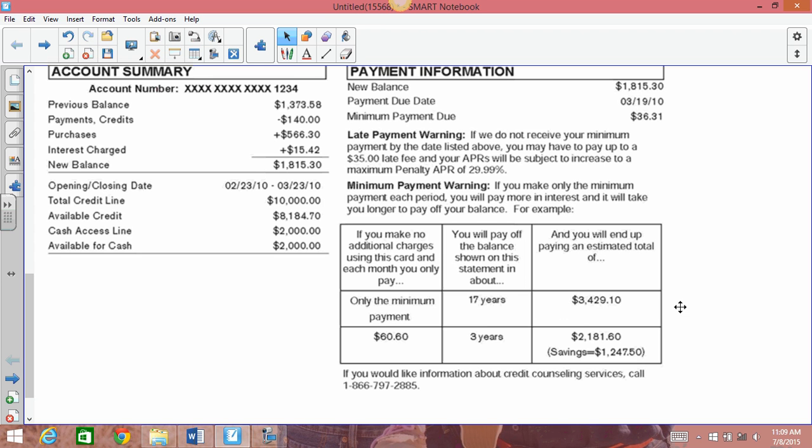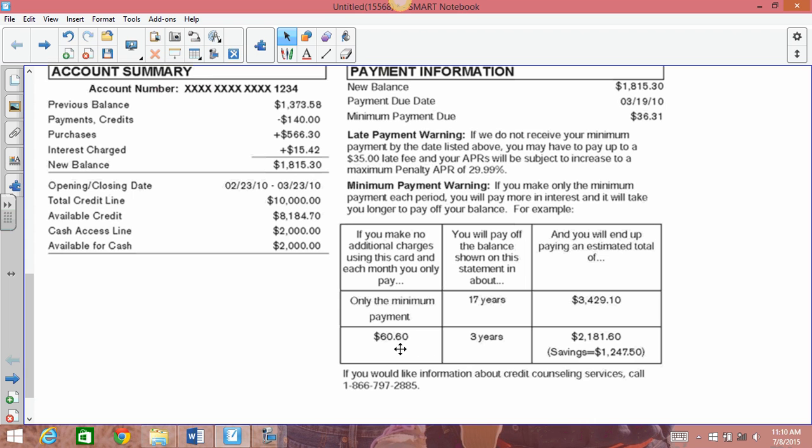So it's really important that once you see that minimum payment there, if you ever can, definitely pay more than the minimum payment. That's where folks really get hit hard. You can see you're almost paying another $1,800 in interest. If you just double, so notice in here, not even quite doubling it, minimum payment, a little over $36.